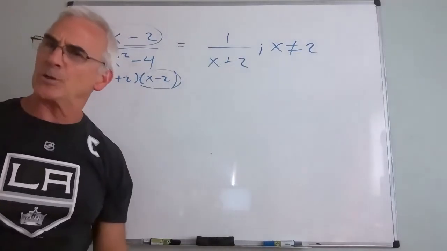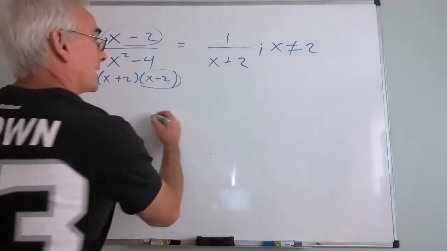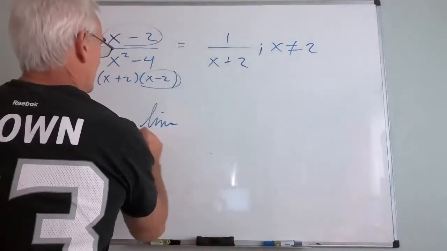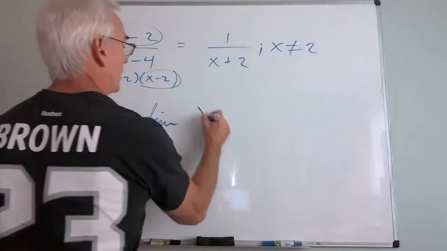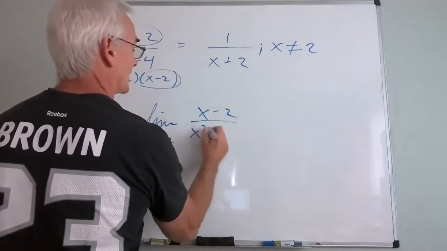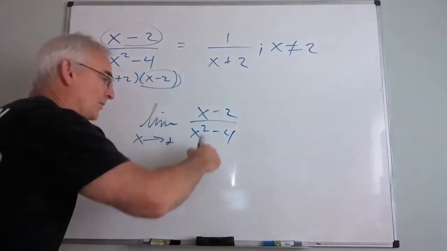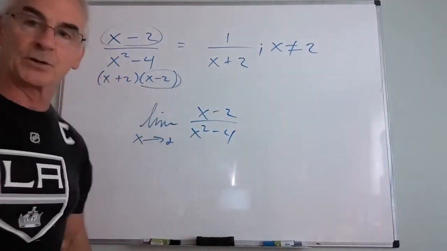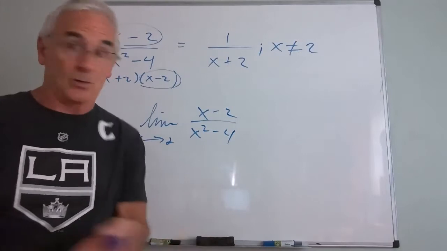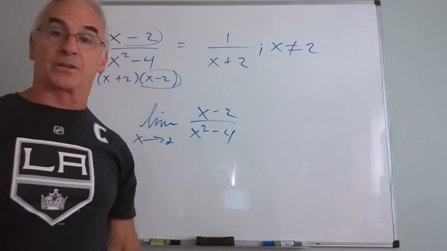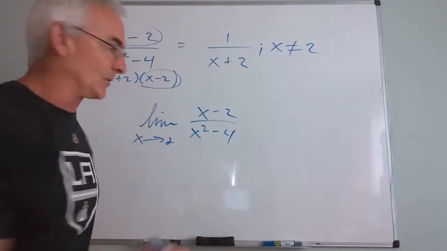But isn't this exactly how we do limits? You see, don't we do this? The limit as x approaches 2 of x minus 2 over x squared minus 4. Well, right now, this is the indeterminate form 0 over 0. Numerator and denominator both tend to 0, so I cannot evaluate it. 0 over 0 isn't a number, it's a behavior.